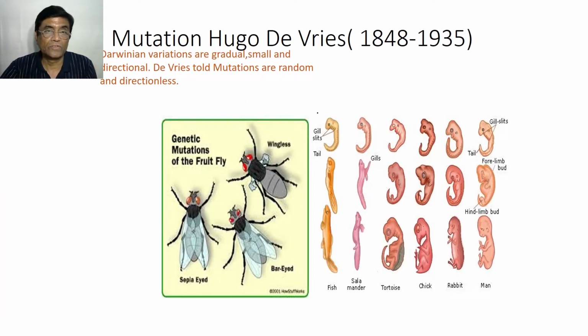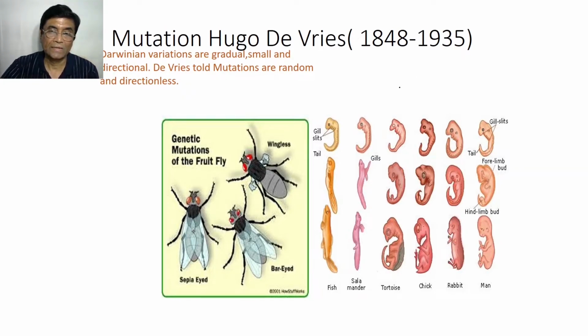As you know, Victor Hugo told that the things are very quick. So they are contemporary actually. Hugo de Vries is actually younger than Mendel, so he could see more sophisticated scientific tools.